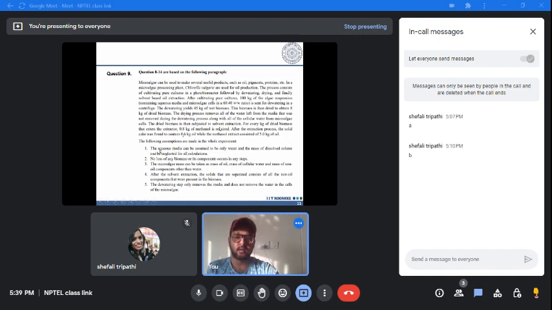First, the aqueous media can be assumed to be only water, and the mass of dissolved solute can be neglected for all calculations. Second, no loss of any biomass or its component occurs in any step. Third, the microalgae mass can be taken as the mass of oil, mass of cellular water, and mass of non-oil component other than water.